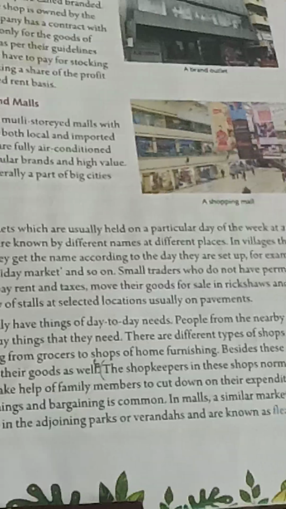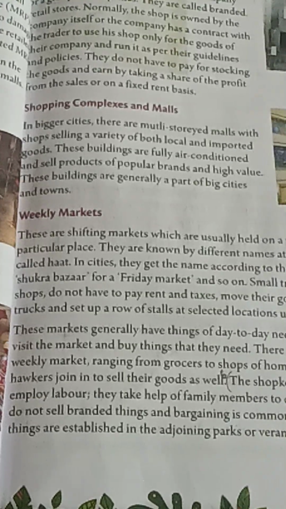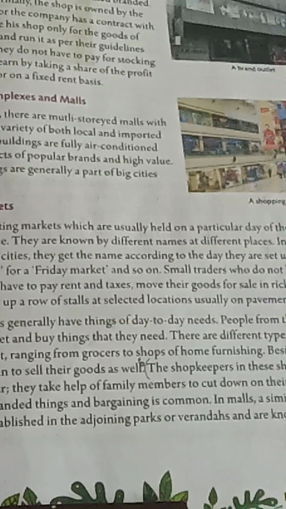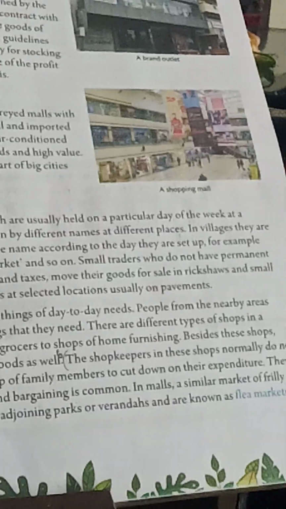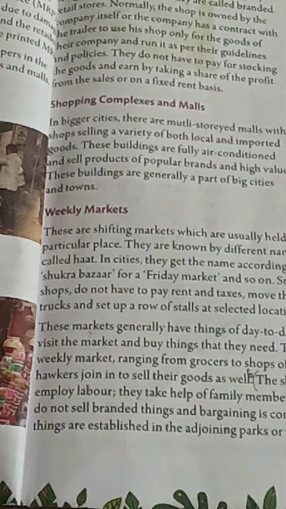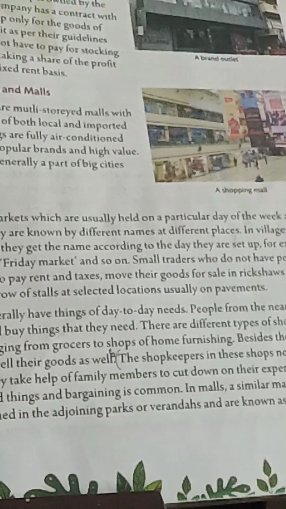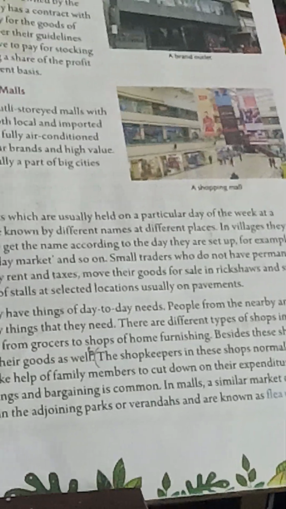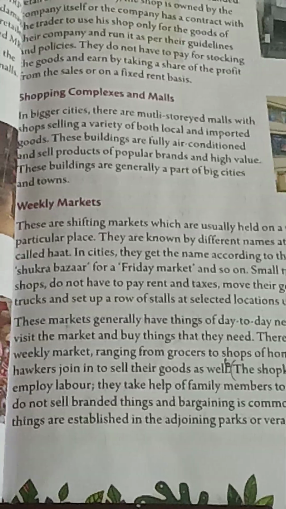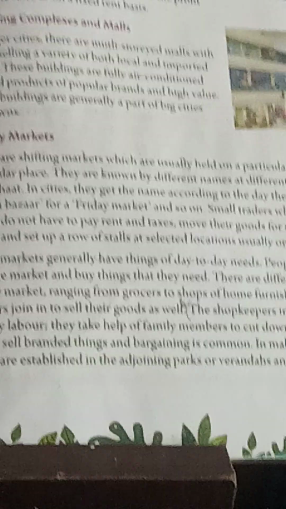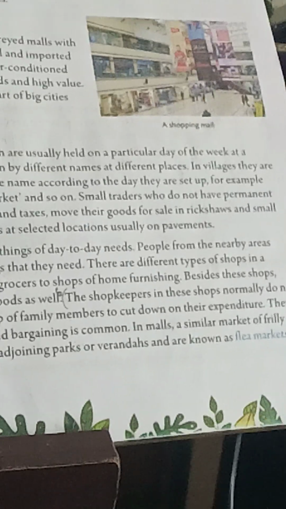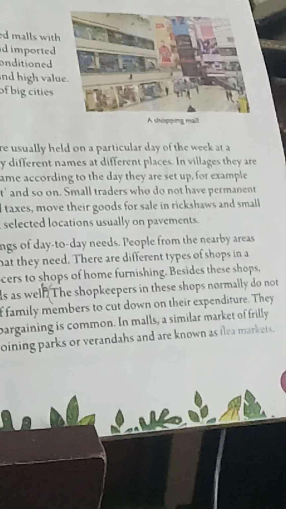Small traders who do not have permanent shops do not have to pay rent and taxes. They move their goods for sale in rickshaws and small trucks and set up a row of stalls at a selected location, usually on pavements. These markets generally have things of day-to-day needs.